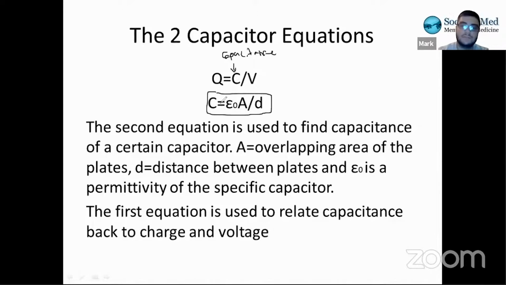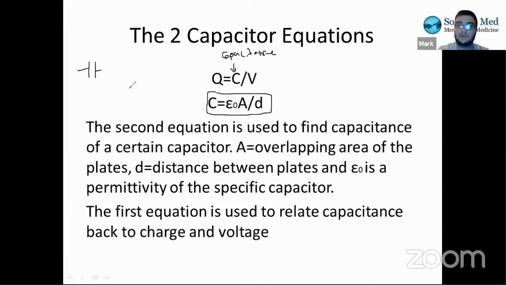A over d. Epsilon 0 is a specific number for the material you use, right? It's the permittivity of the specific capacitor. A is the overlapping area of the plate. So like I said, this is what they look like, right?